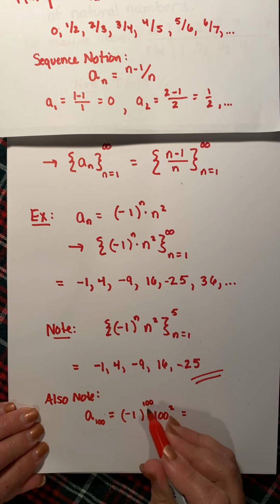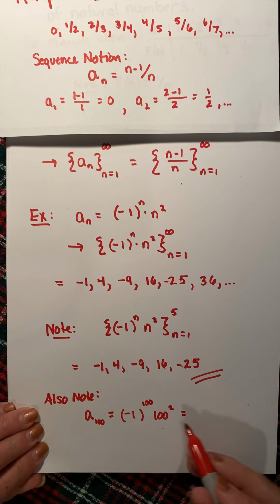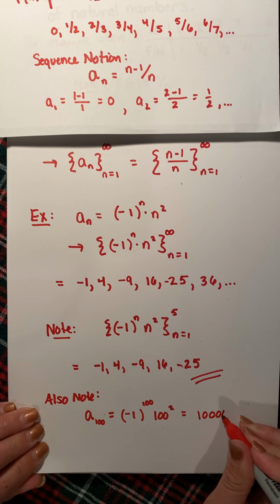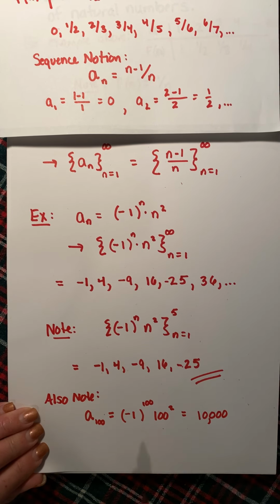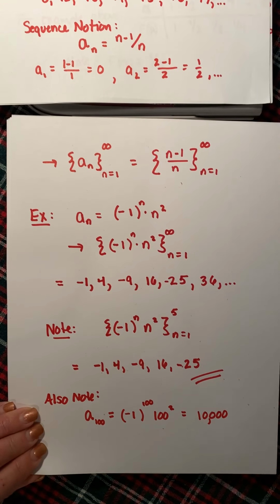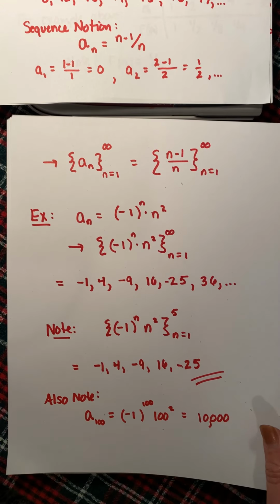This is an even power, so that's just going to be +1, and 100 squared is 10,000. So I know the 100th term would be 10,000. We could do that for any term in this sequence.